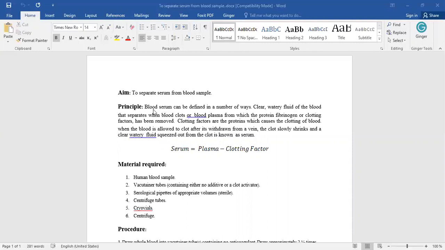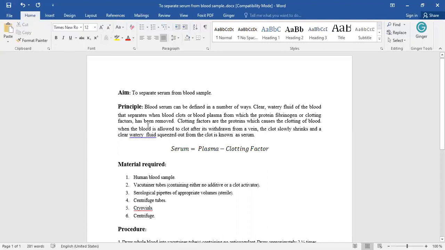Blood has two things. The first is serum, and the other is plasma. Plasma can be isolated by adding coagulating factors, such as the protein fibrinogen.